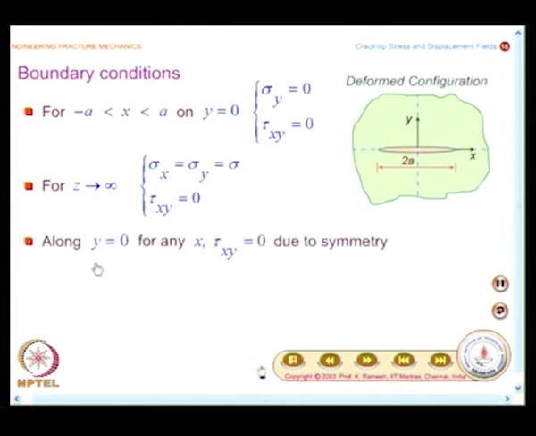And when Westergaard reported his solution in 1939, he actually considered a family of problems in which along y equal to 0 for any value of x, the in plane shear stress should be equal to 0. In fact, he solved a set of problems, about 8 or 9 in one single paper.